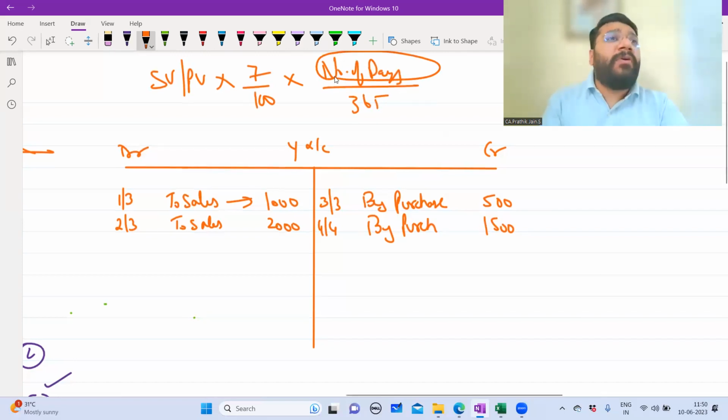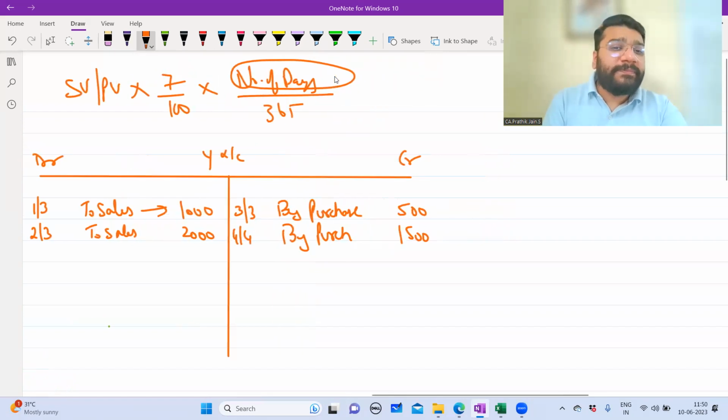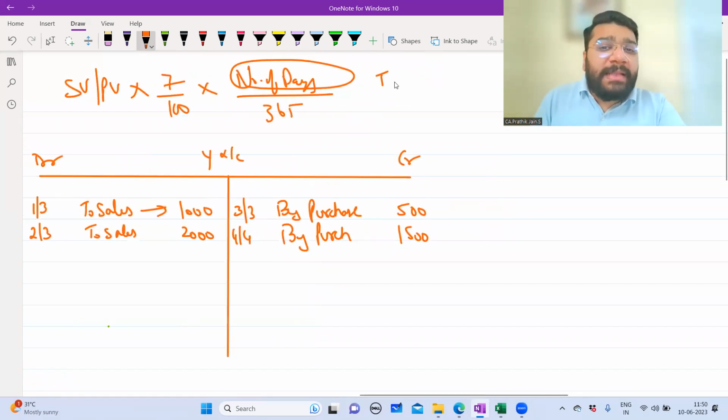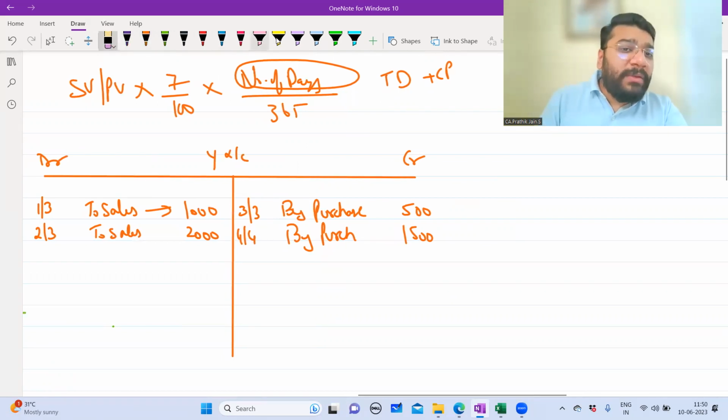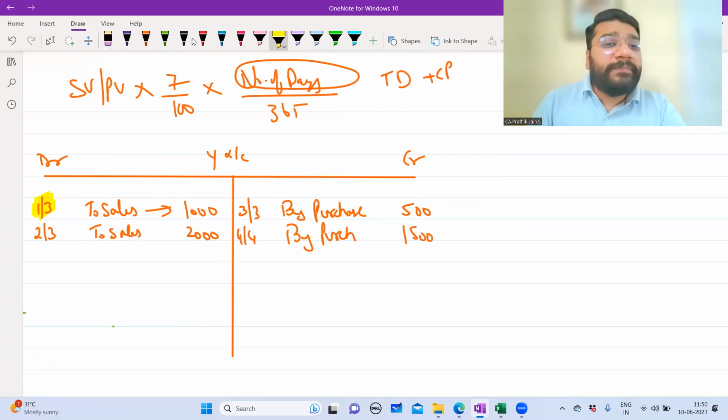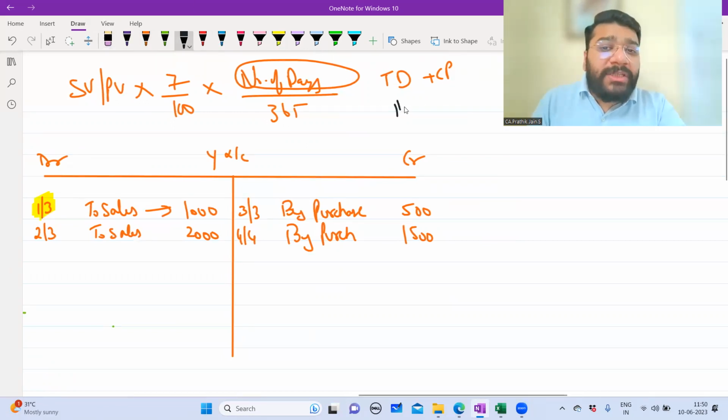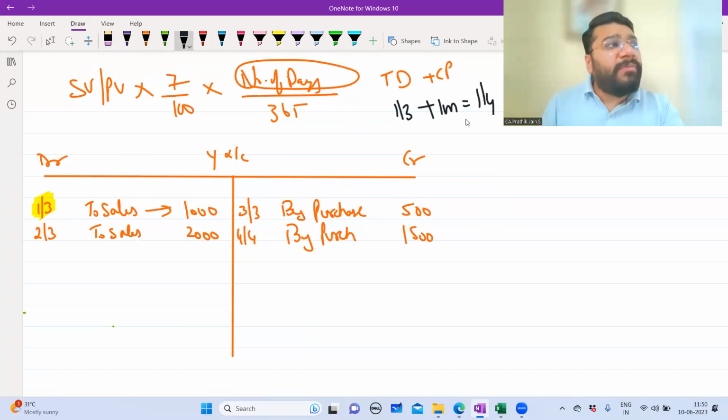For me to calculate the number of days, I need a transaction date and a credit period added to it. For example, 1/3 was the transaction date and the credit period agreed is 1 month. So transaction is 1 March plus credit period of 1 month, the due date is 1/4. Now, anywhere from Y's ledger, are you in a position to identify the due date?